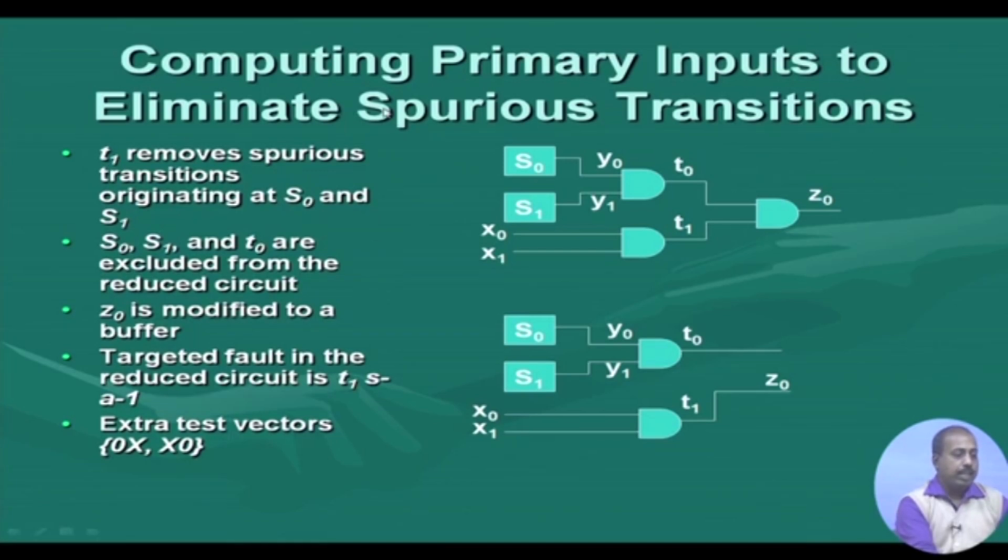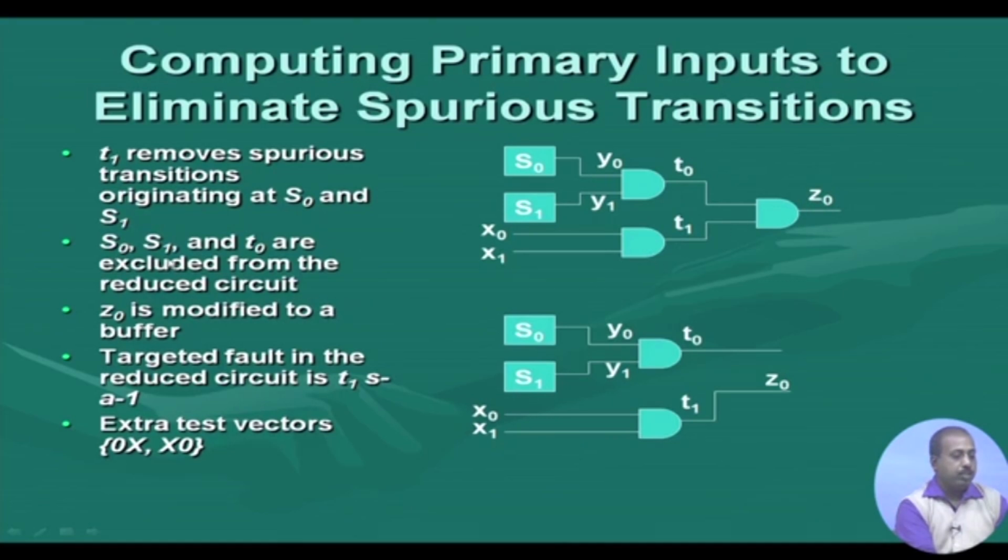So we can add some primary inputs to eliminate spurious transitions. How can we do this? T1 removes the spurious transitions originating at S0 and S1. If I can put T1 to some value, then it can avoid transitions going to Z0.